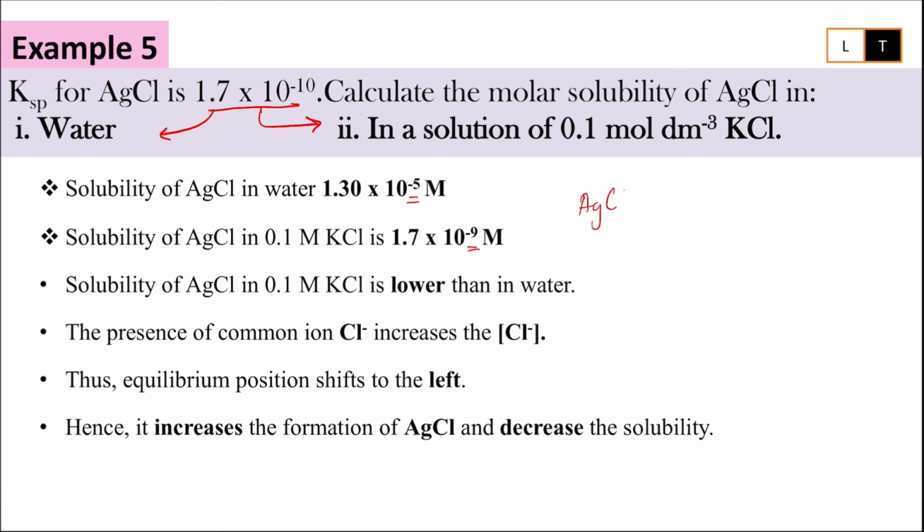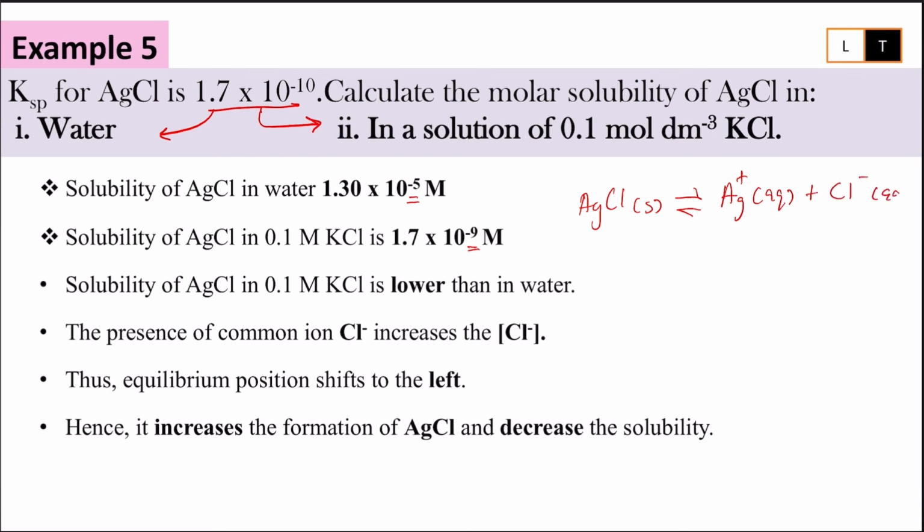Ini kan formula tadi. So, awak akan nampak Ag plus dan juga Cl-. Daripada sini, concentration untuk bahagian produk ni bertambah, so dia akan shift to the left. So sebab itulah solubility untuk solution yang mempunyai common ion effect akan menjadi rendah.